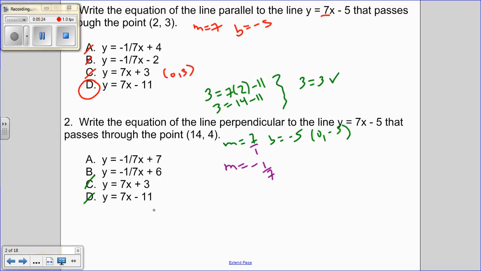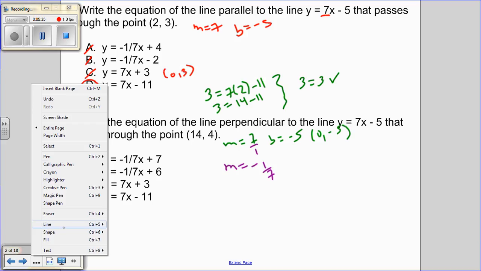and B. Now to determine which one would work, we have to substitute the x and y coordinate into the equation. So let's do that.